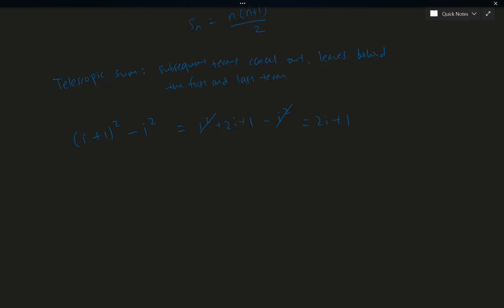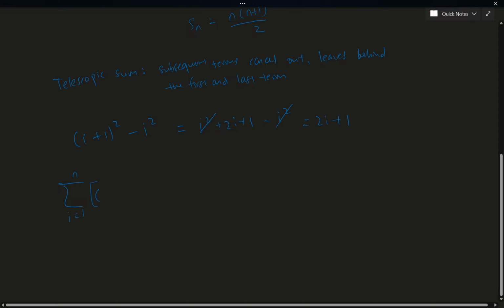Now I'm going to show you a telescopic sum using summation, i equals 1 to n, of i plus 1 squared minus i squared.